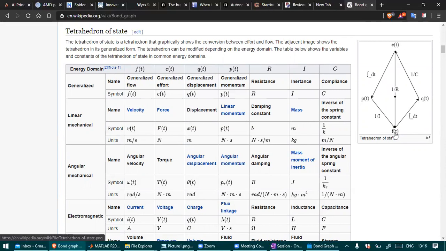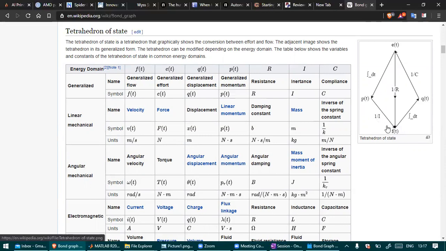So we know that the relation between the flow and the charge is through integration. So we know that flow or velocity is the derivative of charge or displacement. And the relation between the flow and momentum is through the inertia.